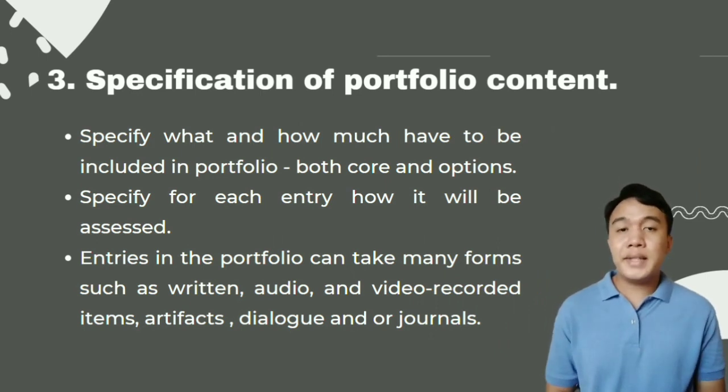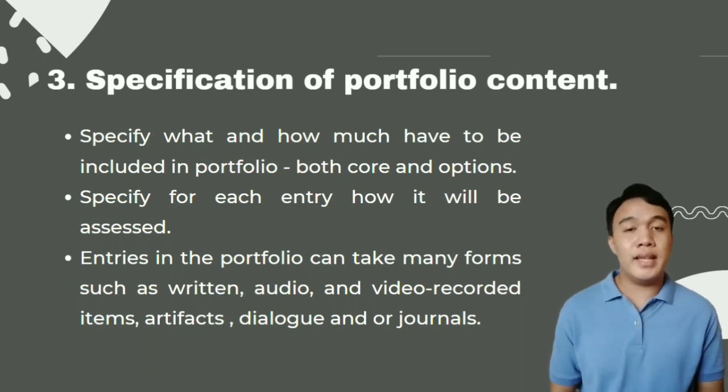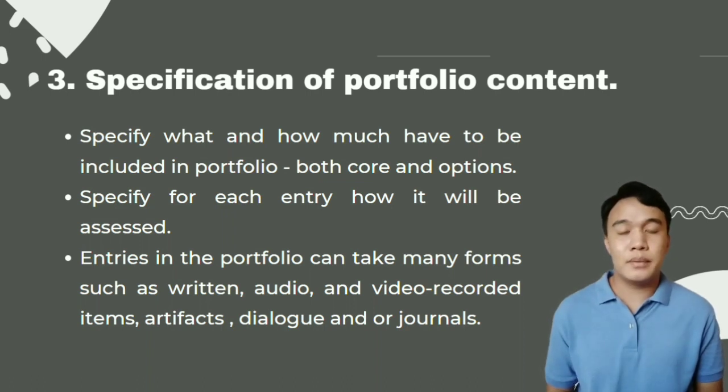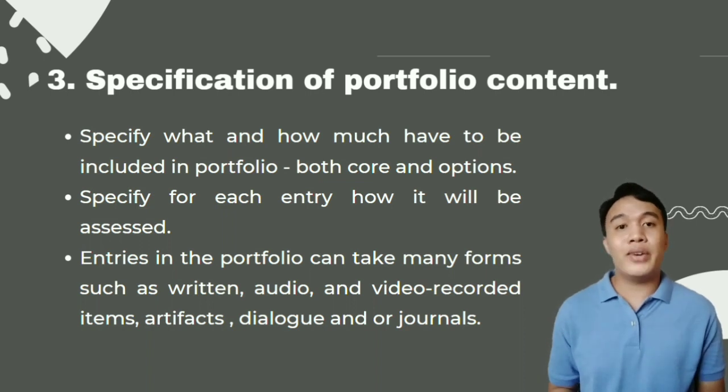The third stage is specification of portfolio content. Specify what and how much have to be included in the portfolio, both core entries which will be assessed in the portfolio. But if there is plenty of time, let students include some of their quality works as an option. It is important to include options as this enables self-expression and independence. Specify for each entry how it will be assessed. Remember that the teacher must acquaint the students with the scoring guide or rating scales before performing the task.